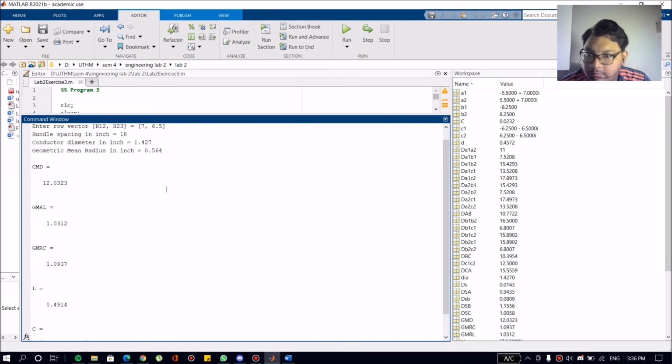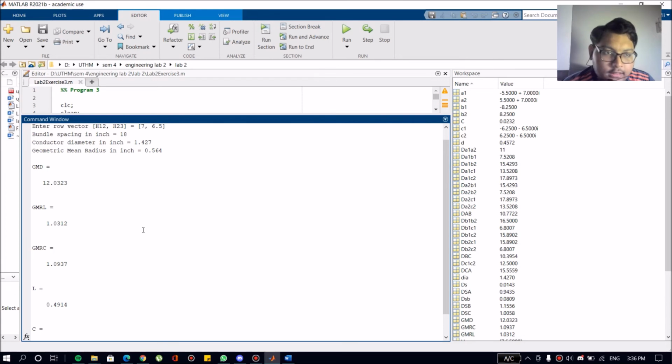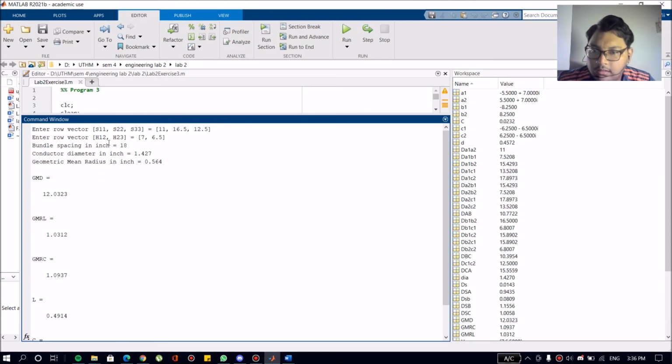From the program, we will calculate the GMD, GMRL, GMRC, and L and C. All the formulas are written in the report, which later will be viewed and assessed. From the program and all the parameters that I have put in this command window, the GMD value is 12.0323, the GMRL value is 1.0312, and the GMRC value is 1.0937.